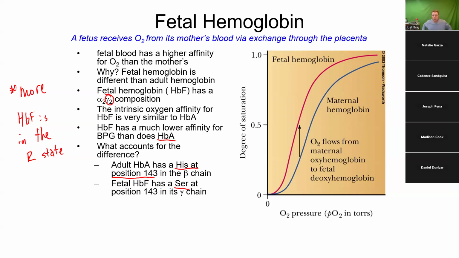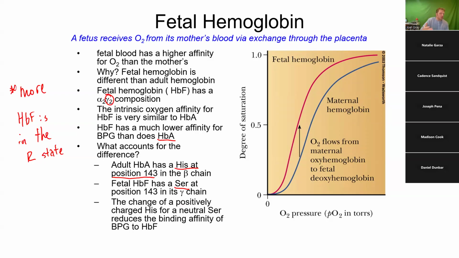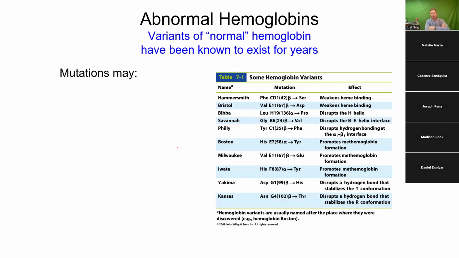So the point that I want you to take away from this is that the types of interactions that different amino acids have are very important to think about. Now, the change of a positively charged histidine for a neutral serine reduces the binding affinity of BPG to HbF. So there we go. Okay, now the last slide in this slide deck is all about abnormal hemoglobins.